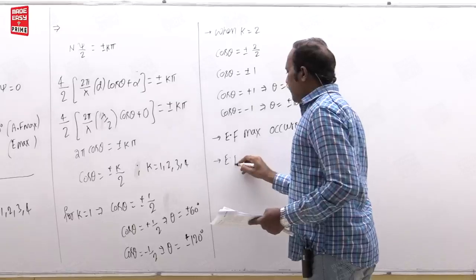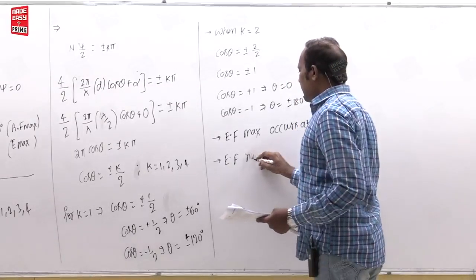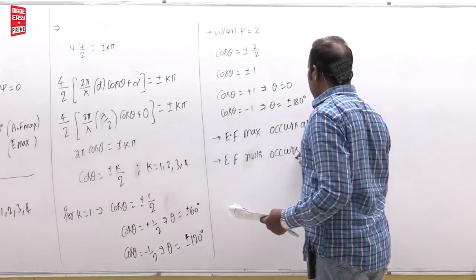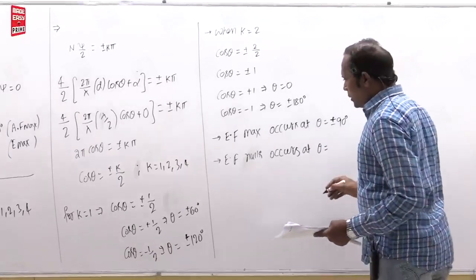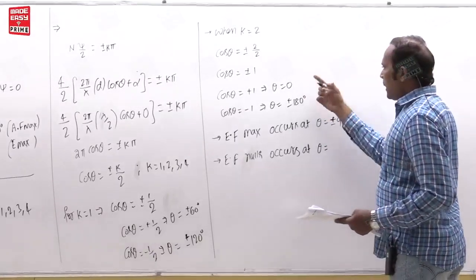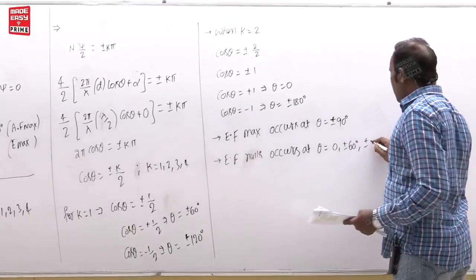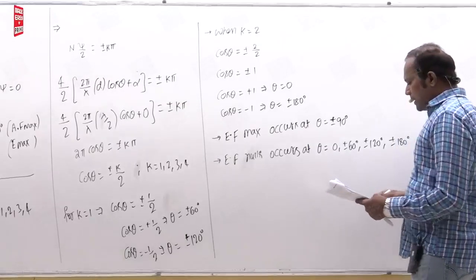Now electric field nulls occur at theta is equal to, you keep writing the sequence 0, plus or minus 60, plus or minus 120, and plus or minus 180. These many angles.